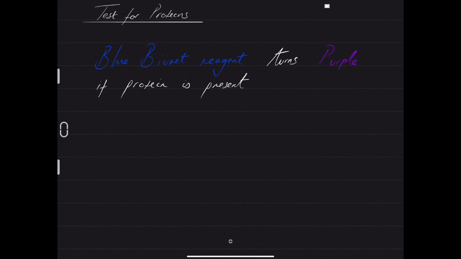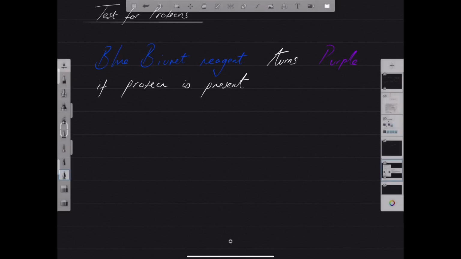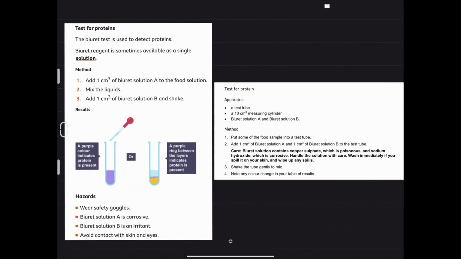Now, I'm going to show you a diagram and a method where biuret A and B are explained in a bit more detail in terms of their properties and their chemical hazards. Here you can see the method for testing for proteins with biuret solution.